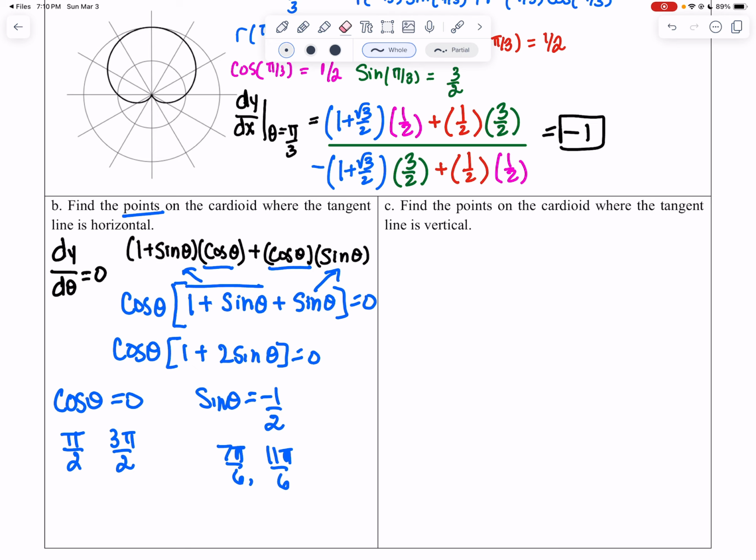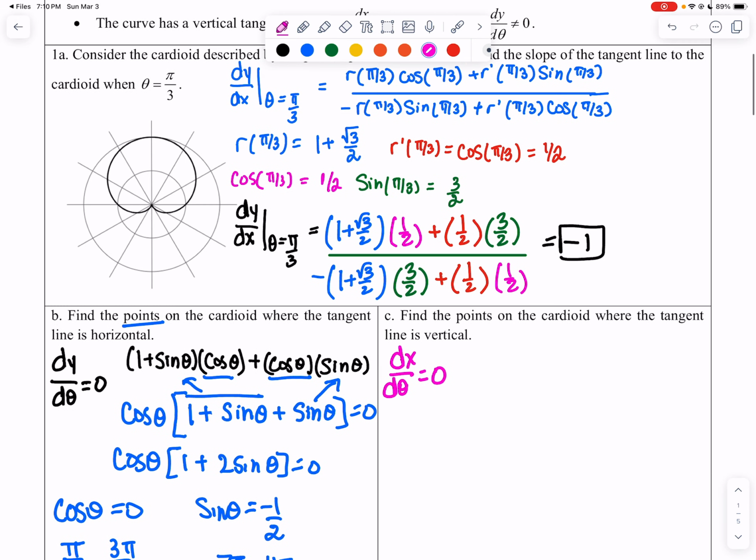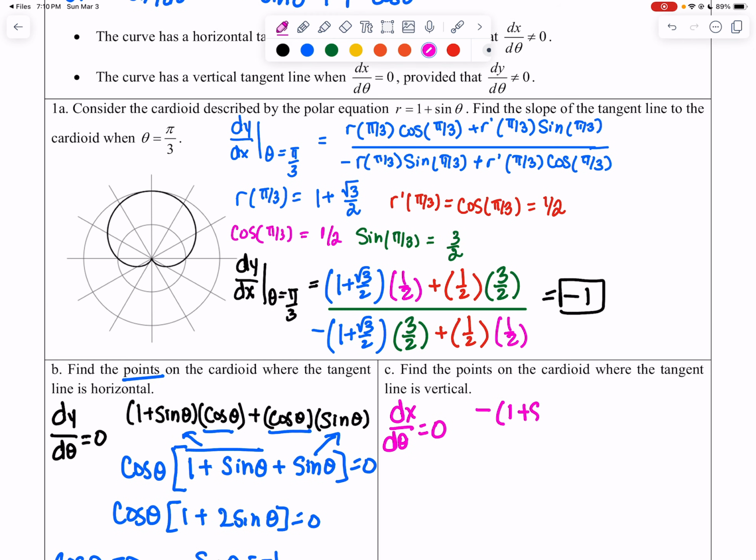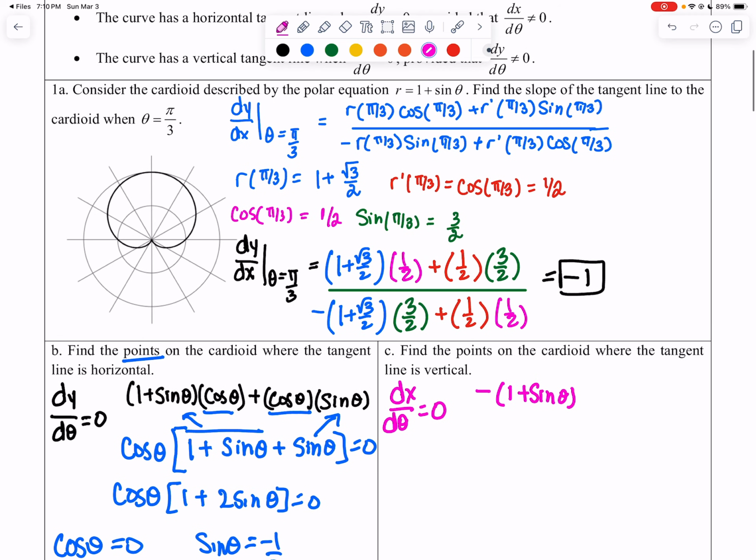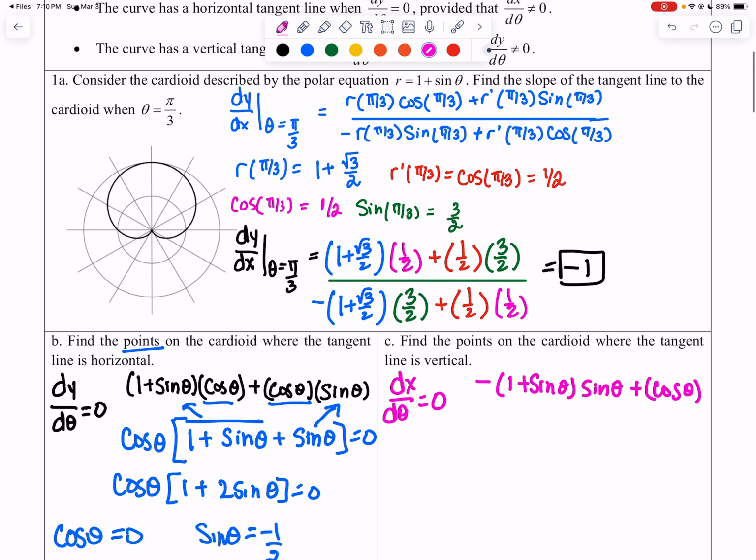Now, part C says find the points when the tangent line is vertical. That is whenever we have dx d theta equal to 0, so I'm going to look at my denominator. I have negative r, so that's going to be negative 1 plus sine of theta, times sine of theta, plus r prime, which we said was cosine of theta, times cosine of theta.